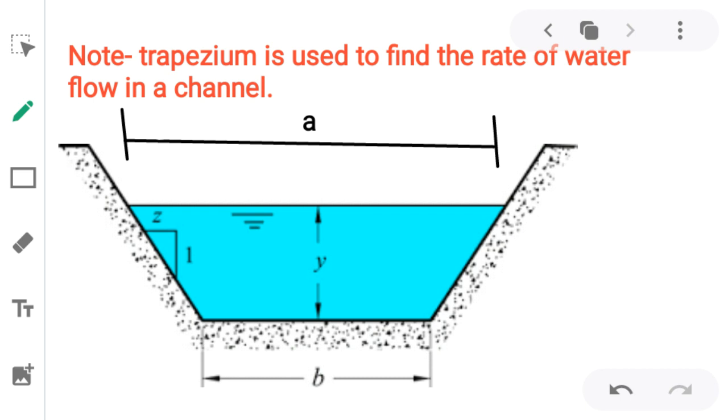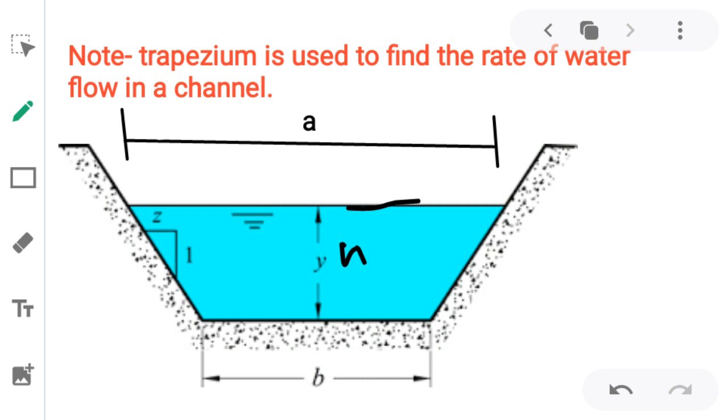You may observe the channels have slant height, and the bottom of the channel is taken as side B, and the top of water flowing here, this line is taken as another parallel line. These two parallel lines and the distance between them, here marked Y, should be taken as H.